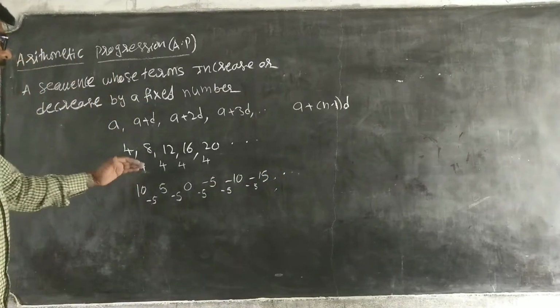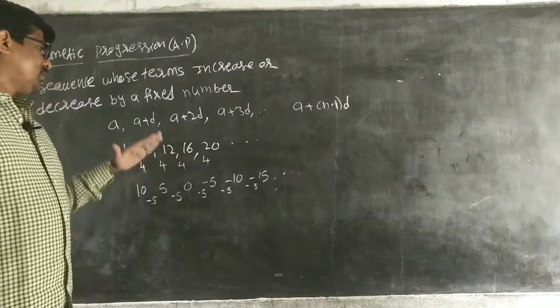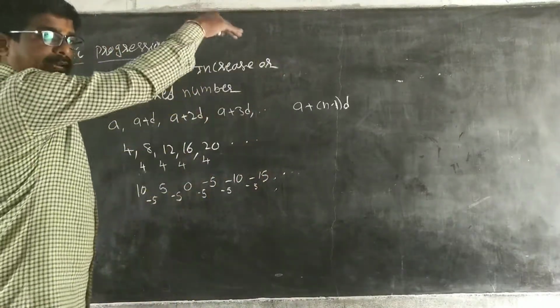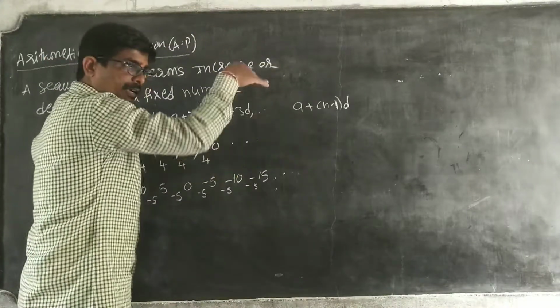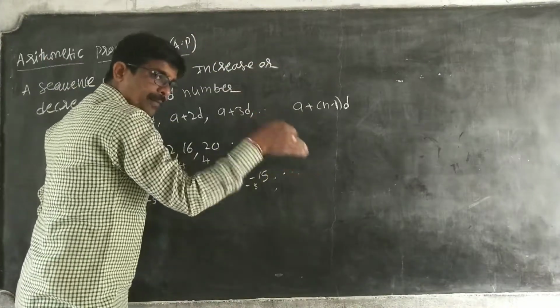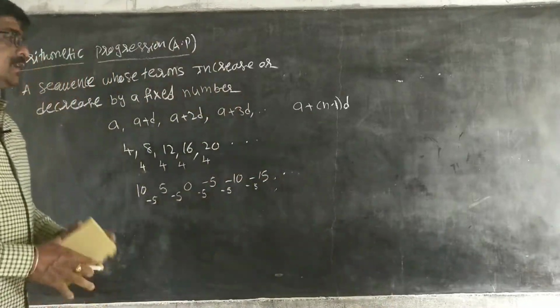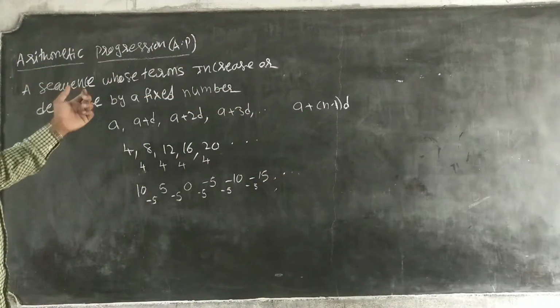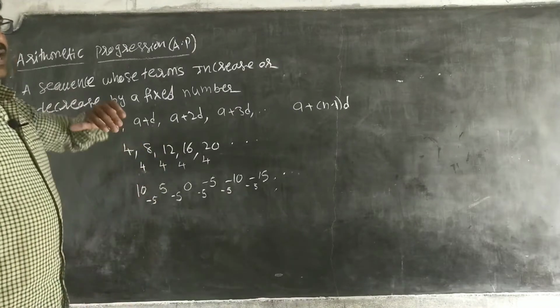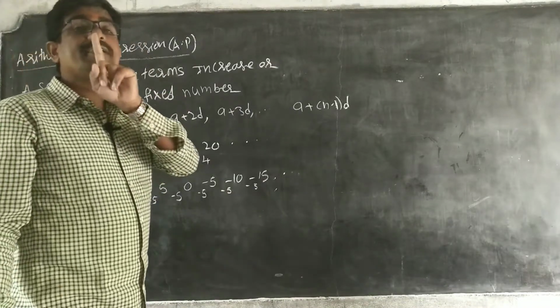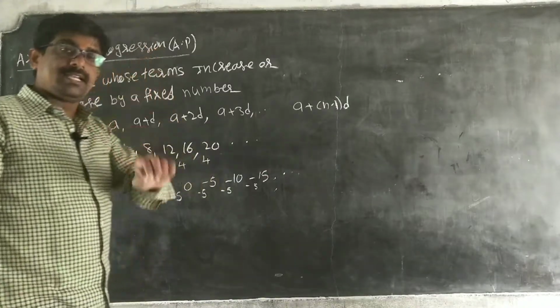Here it increased by 4: 4, 8, 12, 16, 20. But here we are going down: 10, 5, 0, minus 5, minus 10, minus 15, that is decreasing. So an arithmetic progression means a sequence either increasing or decreasing, but by a fixed number.